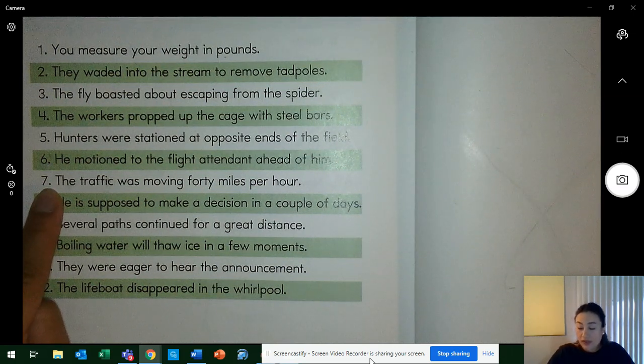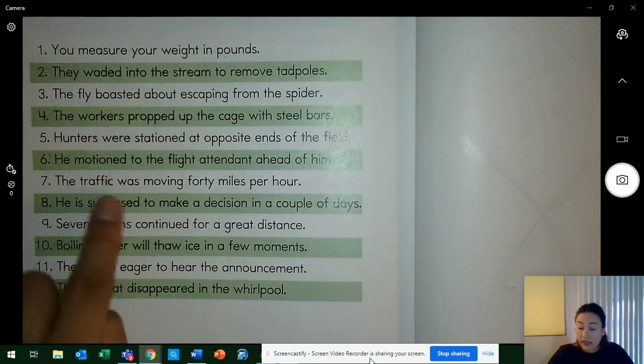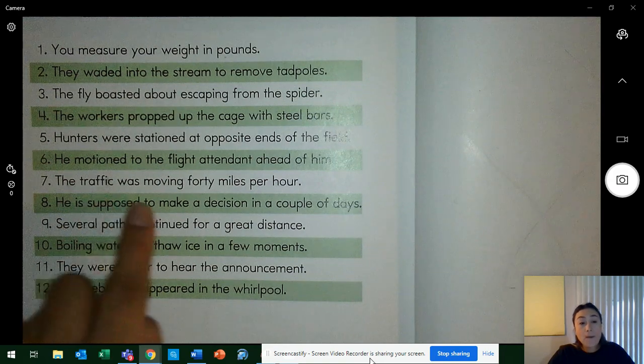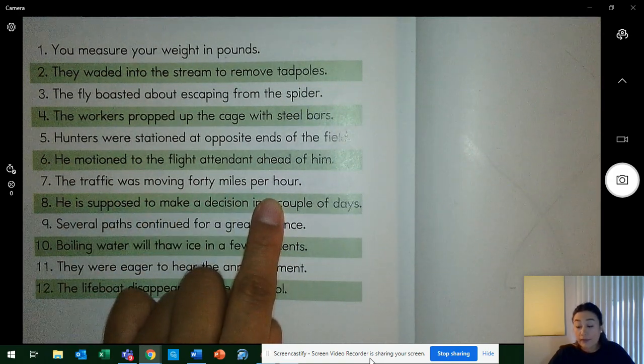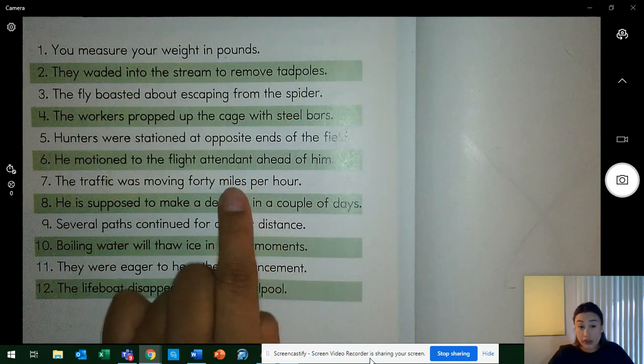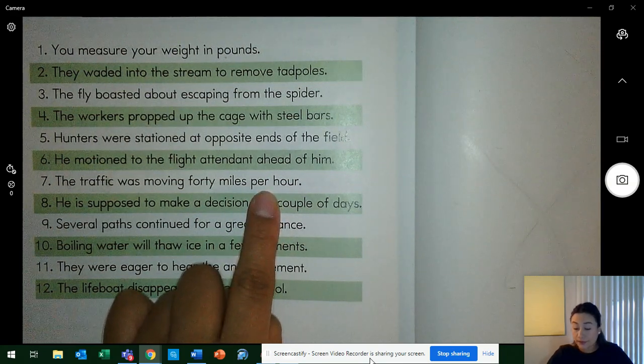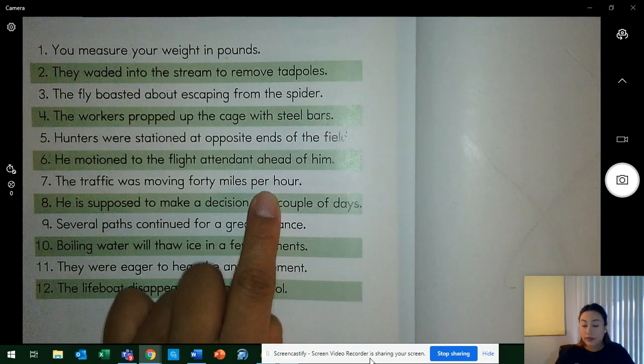All the vehicles that are driving on a street are the traffic. 40 miles per hour means 40 miles each hour. A car that is moving 40 miles per hour is moving 40 miles each hour.